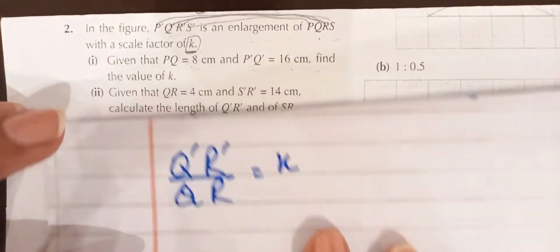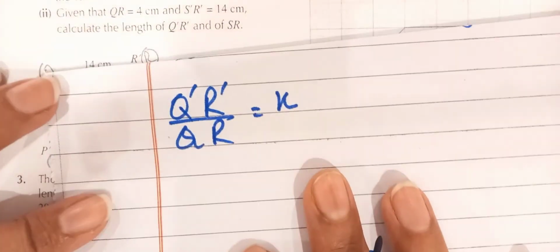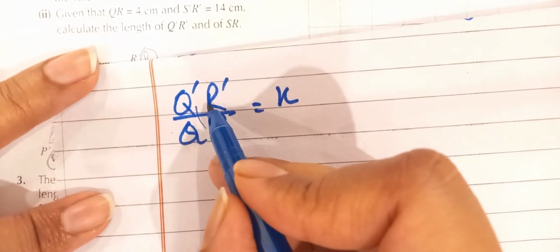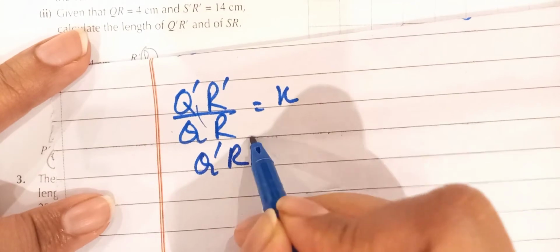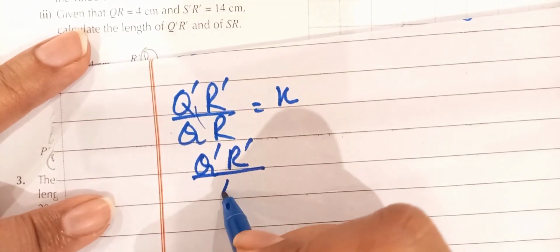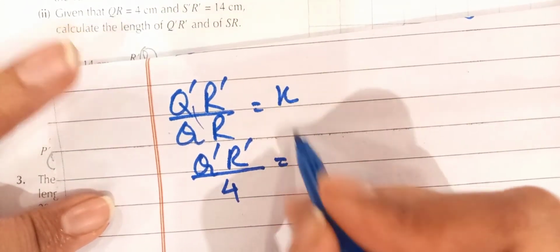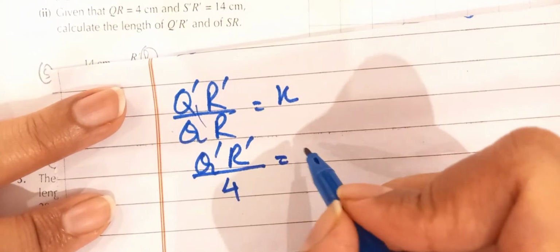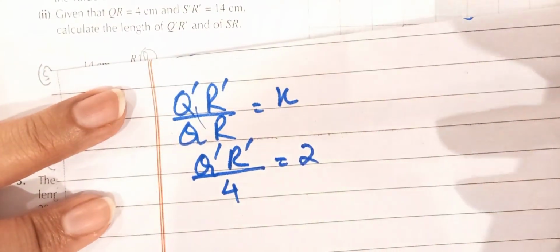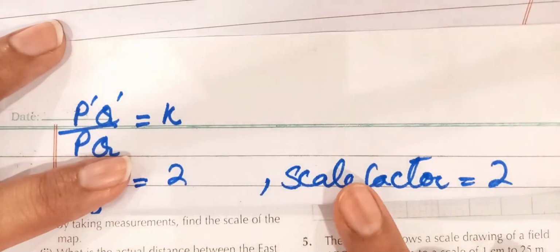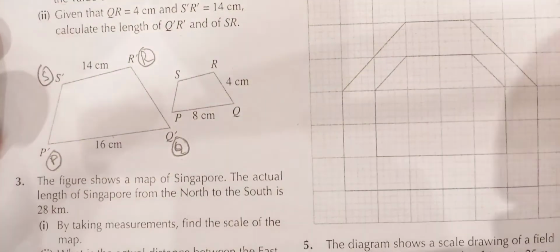Now I shall insert the values. I have to find out the value of Q dash R dash. QR they have given, which is 4, and the scale factor I know is 2. In the previous part we found the scale factor, which is 2, and it is true for the entire question.